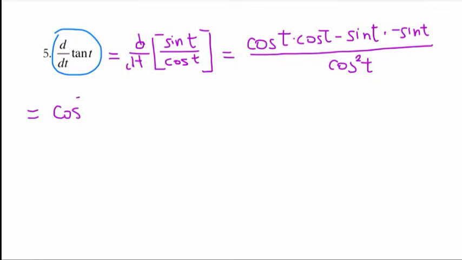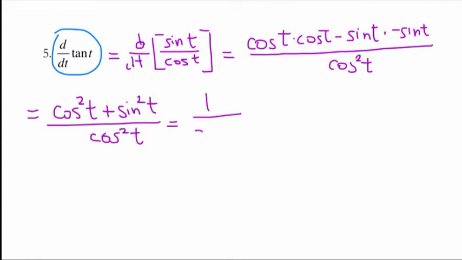So the top, of course, becomes cosine squared plus sine squared over cosine squared, and you say, oh, I know cosine squared plus sine squared is equal to 1, and then you remember that the reciprocal of cosine is secant, and so this, of course, is secant squared.